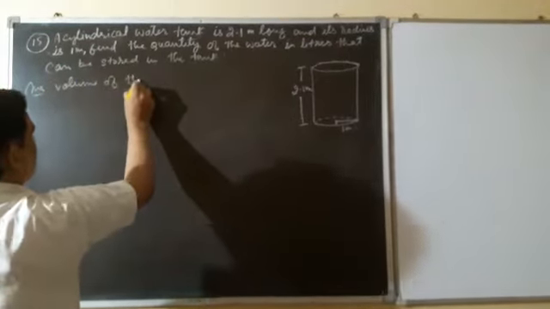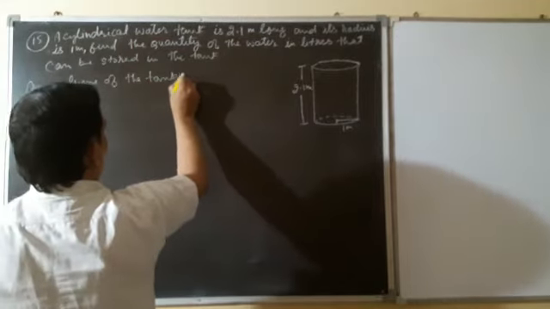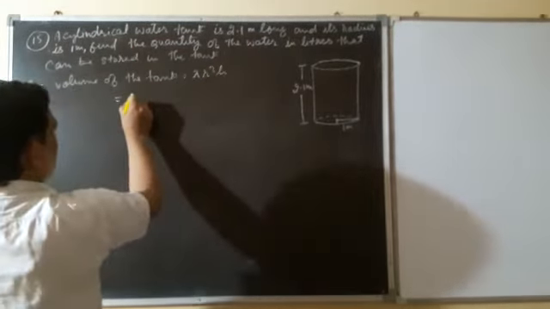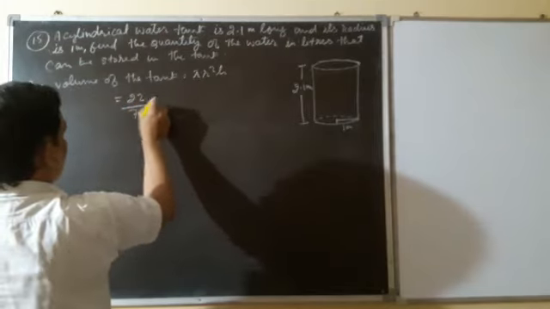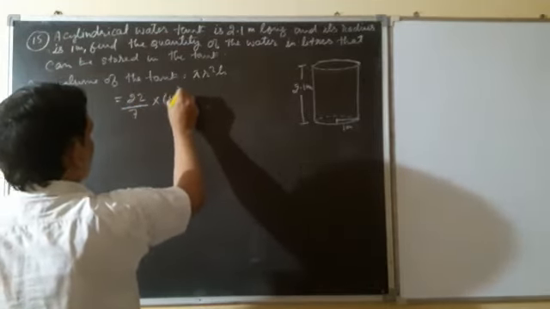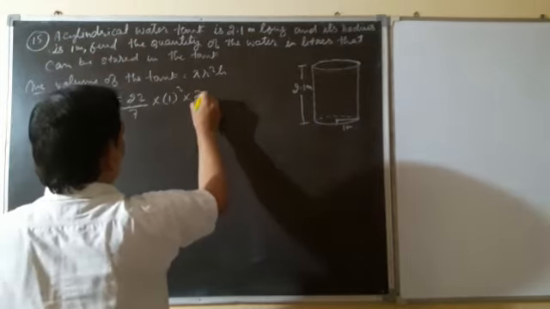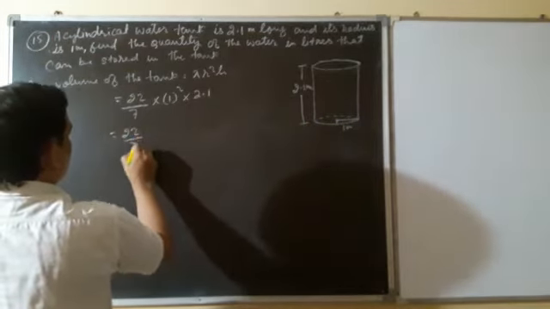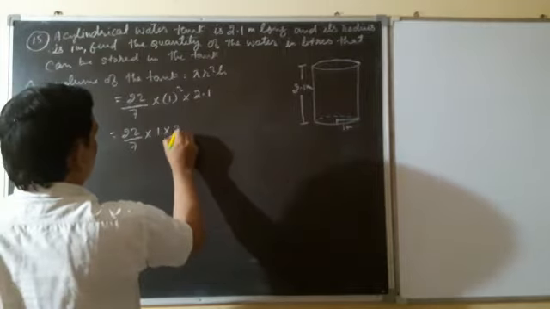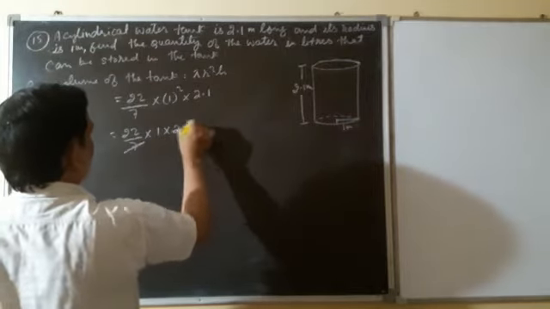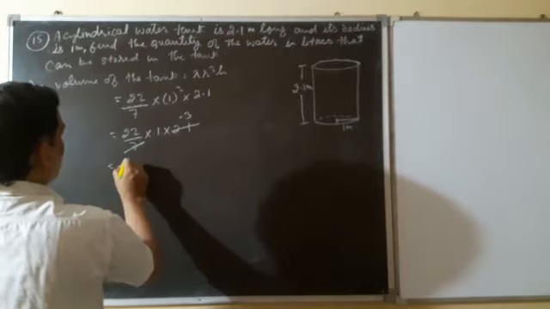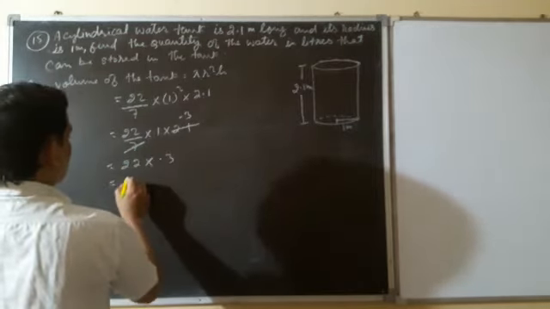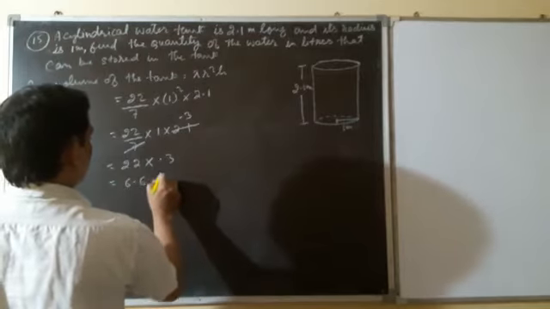So let us find out the volume of the tank, which is equal to pi r square h. So here in place of pi we will write 22 by 7, radius is 1 and height is 2.1 meter. Now we will write 22 upon 7 into 1 into 2.1, which is equal to 0.3. Now we will write 22 into 0.3. By multiplication we will get 6.6 cubic meter.